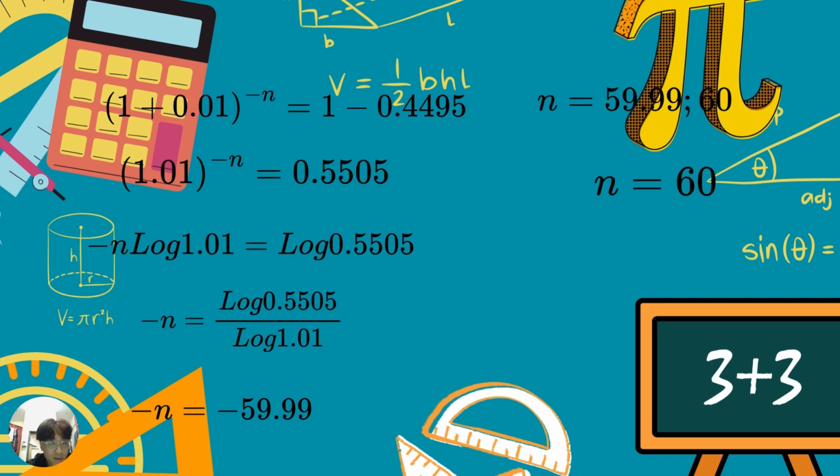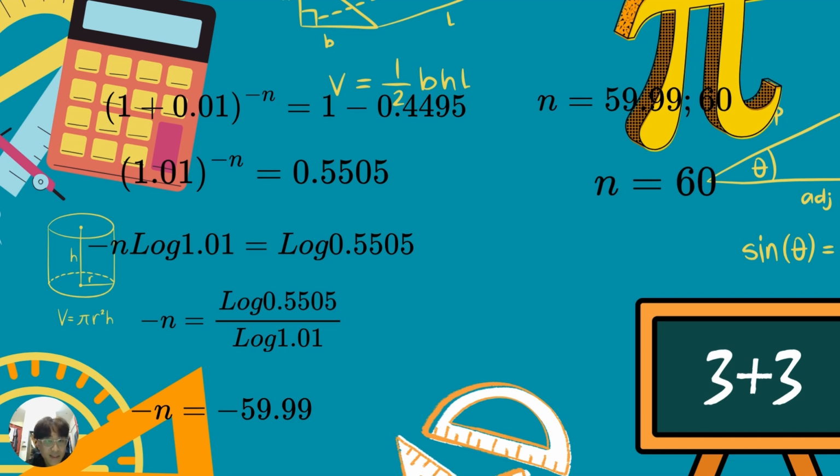So we need to use the log here. To get the answer of n, negative n equals log 0.5505 divided by log 1.01. Here we get negative n equals negative 59.99.